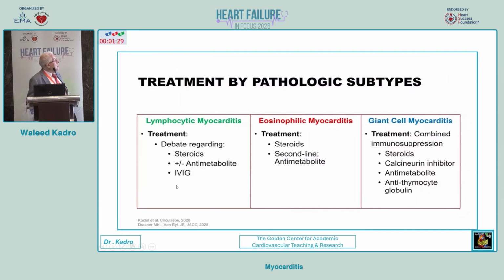The treatment is mainly just supportive for lymphocytic myocarditis. There is debate whether we get benefit from steroids or antimetabolites. However, if there is eosinophilic myocarditis, the patient may get benefit from steroids and adding another treatment, immunosuppressant or antimetabolite. And giant cell myocarditis has the poorest prognosis, so we need to give a lot of immunotherapy on top of steroids.